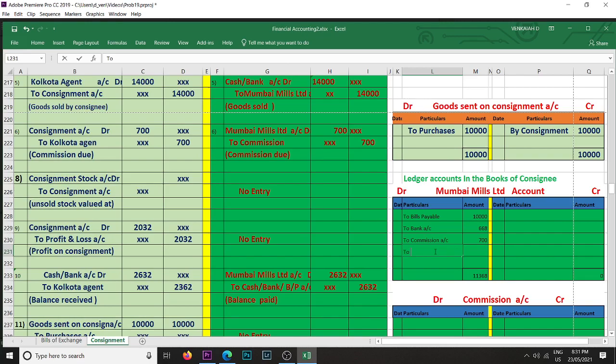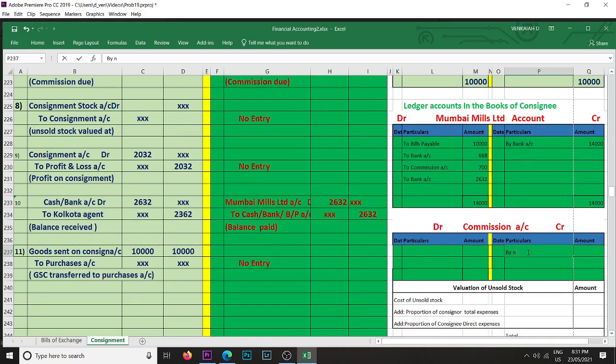Then the commission entry is by Mumbai Mills Limited. Amount is 700. Total is 700. This will be transferred to profit and loss account. We will write one journal entry by closing this account.